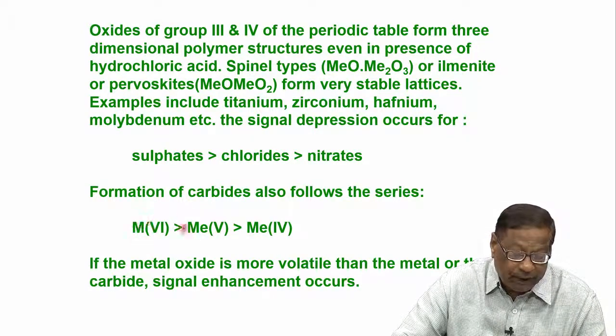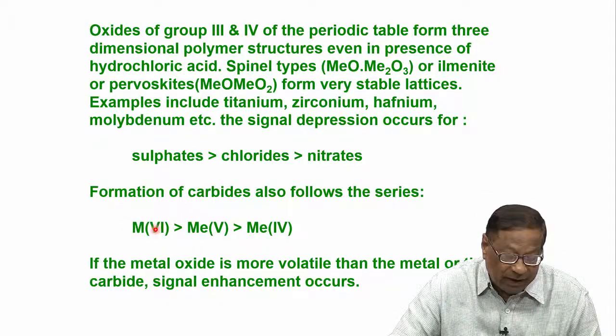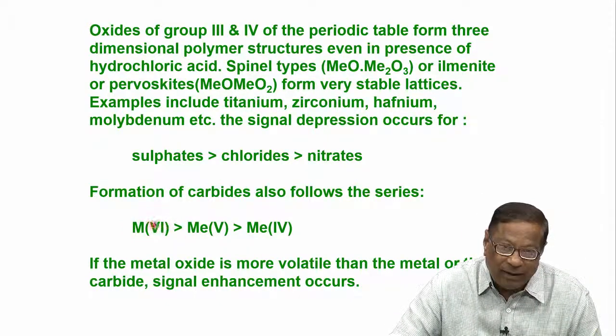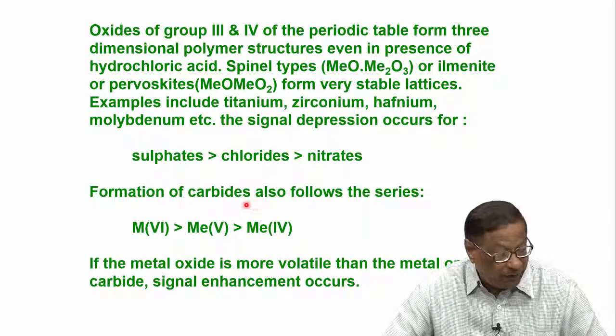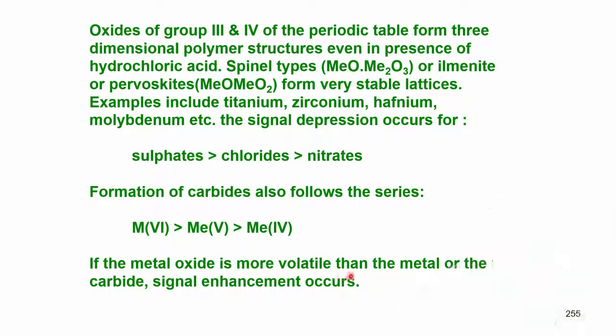So, the absorbance decrease is maximum in hexavalent metal ions, slightly less in pentavalent, which is more than tetravalent. So, if the metal oxide is more volatile than the metal or the carbide, then signal enhancement occurs.